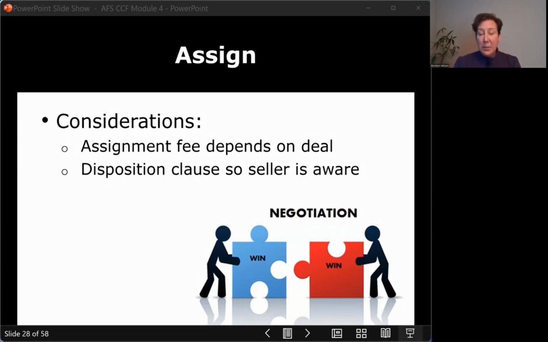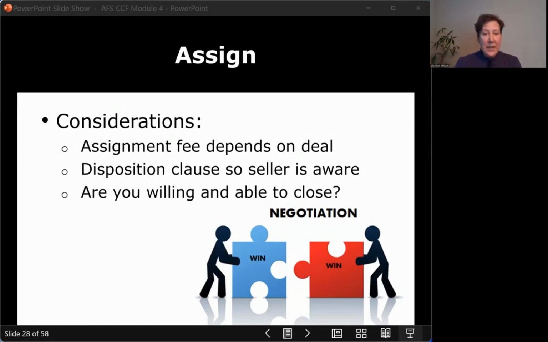And we have that disposition clause right in our purchase agreement, so the seller is aware of the possibilities of what we could be doing with the property. And if we turn around and make $25,000 for selling it to somebody else, they really don't have much to say to it because they knew that that was a possibility.